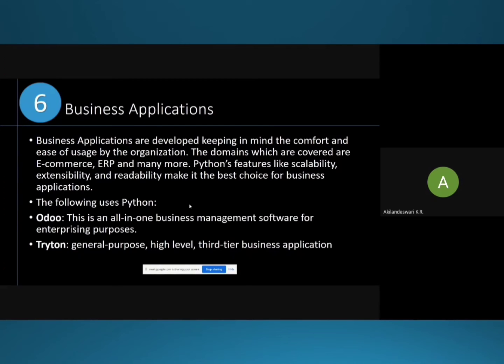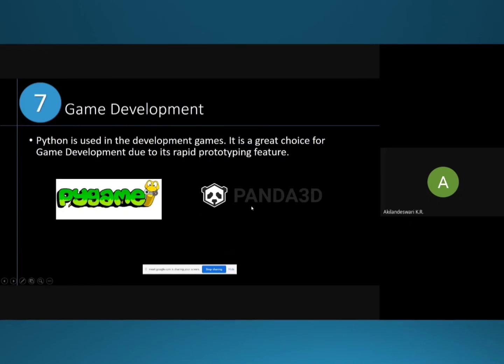Python features like scalability, extensibility, and readability make it the best choice for such applications. Odoo and Tryton are two business applications that are developed using Python. So we can see Python being used in almost every domain.